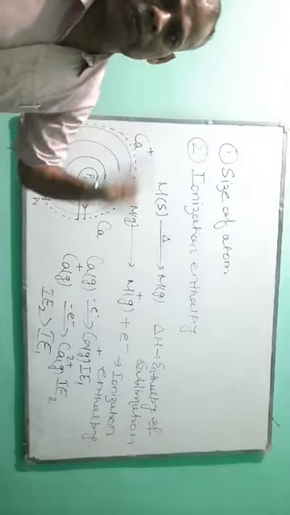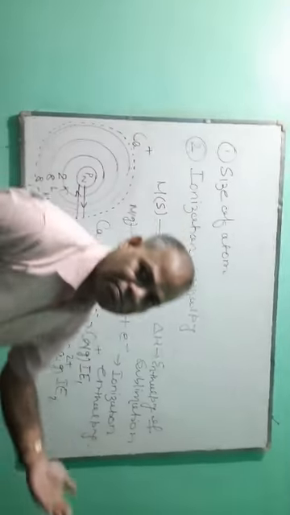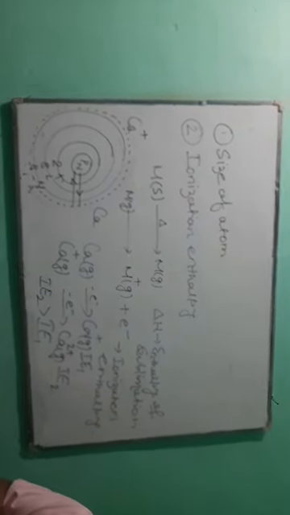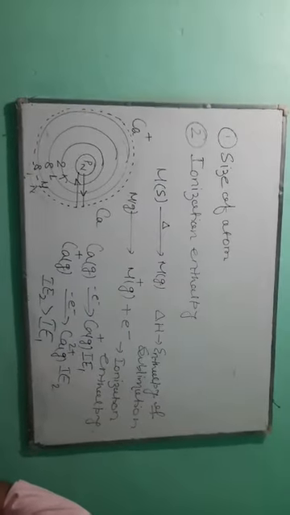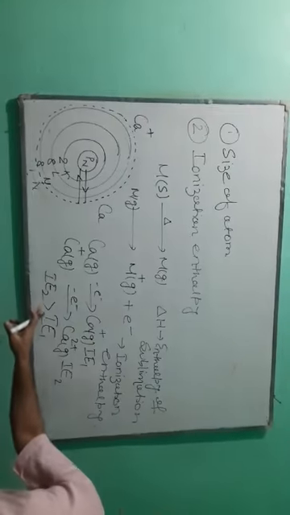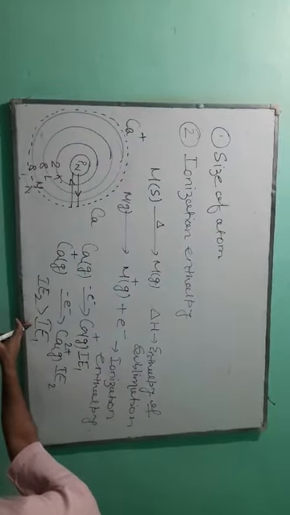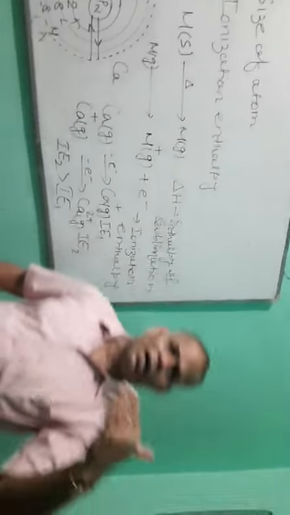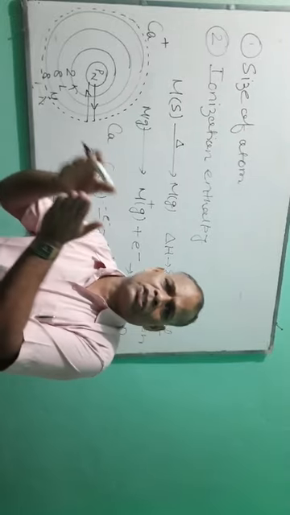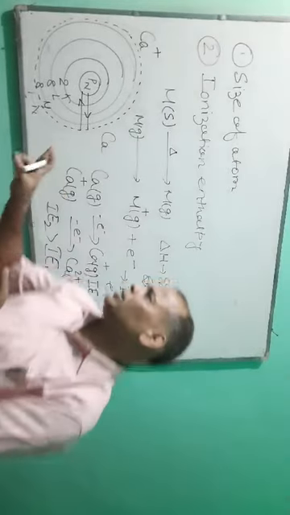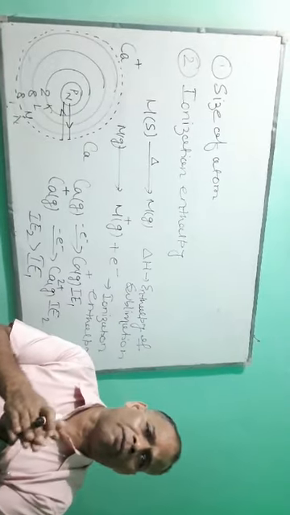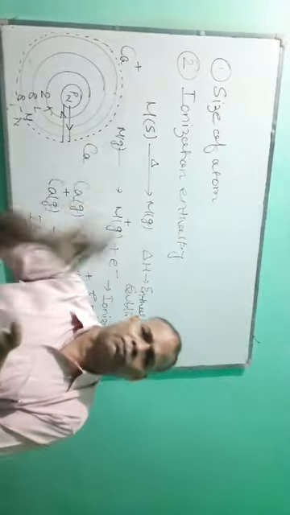Sodium has 496, and if you talk about potassium, 419. Potassium has to lose only one electron, whereas calcium has to lose 2 electrons. That's why potassium readily loses one electron and acquires a stable noble gas configuration, whereas calcium has to lose two electrons in order to acquire the nearest noble gas configuration.